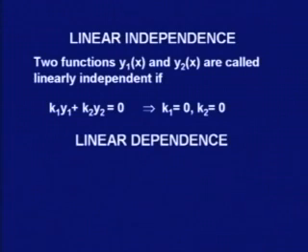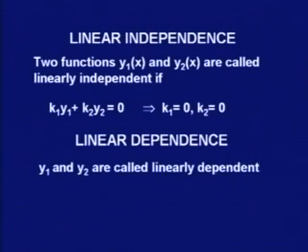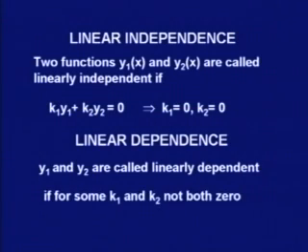The other term is linear dependence. The two functions y1 and y2 are called linearly dependent if for some k1 and k2 not both 0, this linear combination turns out to be 0. So, in our example, if I take e^x and 4e^x as y1 and y2, then if I choose k1 as minus 4 and k2 as 1, I will get 0 where k1 and k2 both are not 0.